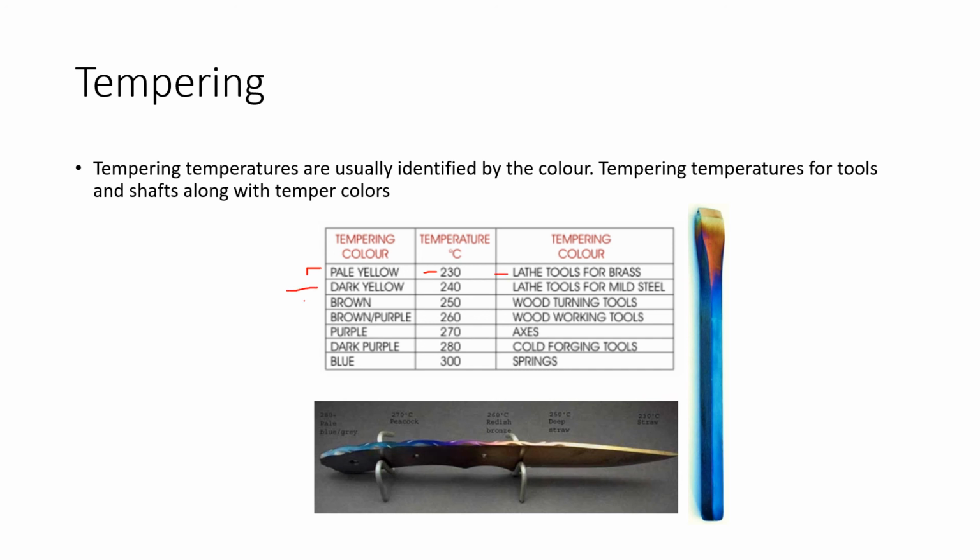Then dark yellow, brown, brown purple, and blue, where the blue color is 300 degrees centigrade for springs. In the sample figure, the colors are divided further: 270 degrees centigrade is peacock, reddish bronze is 260 degrees centigrade, deep straw is 250 degrees centigrade, and straw is 230 degrees centigrade.